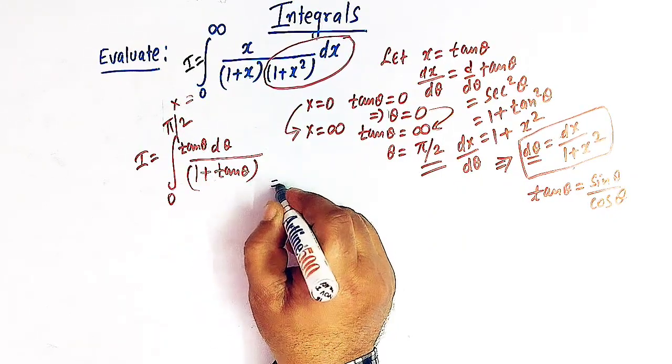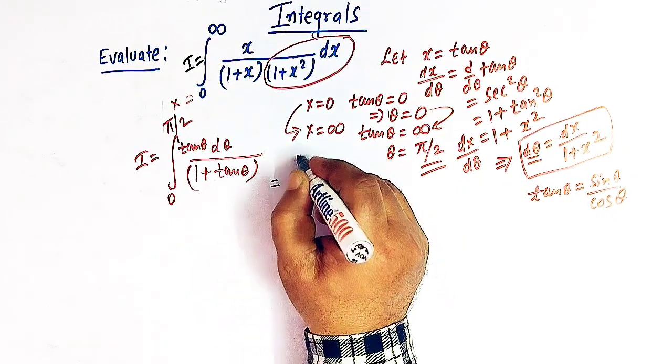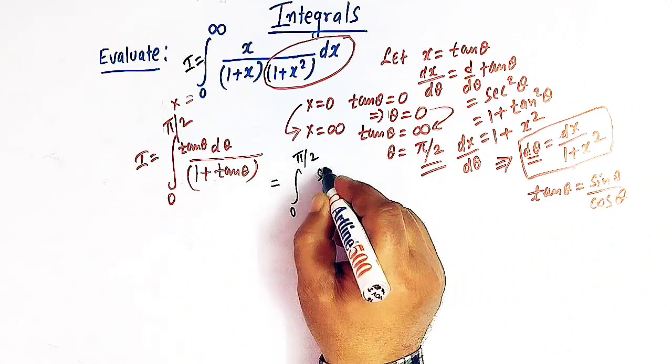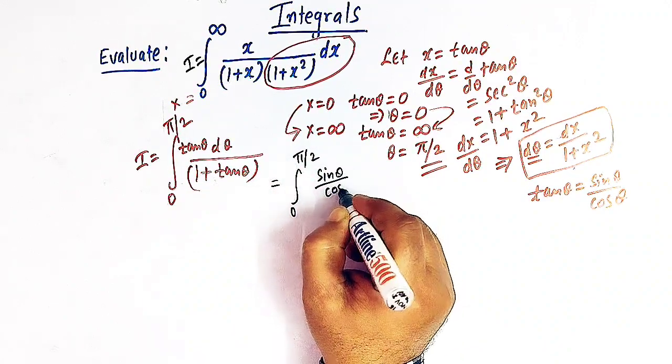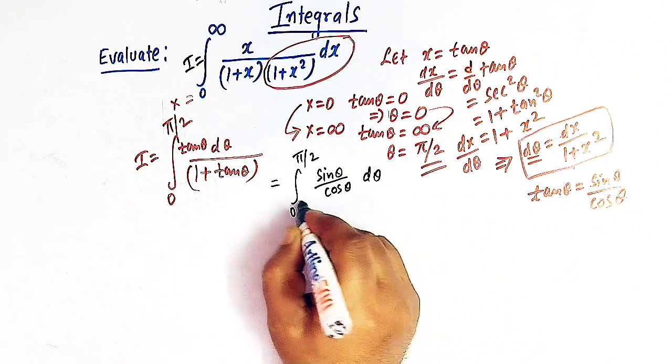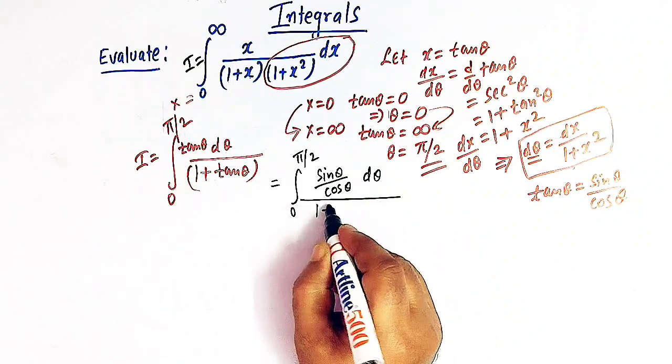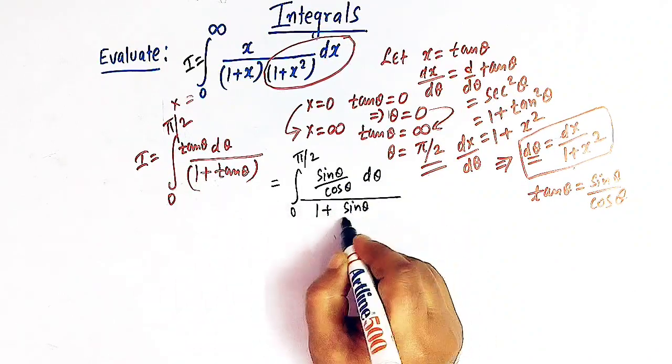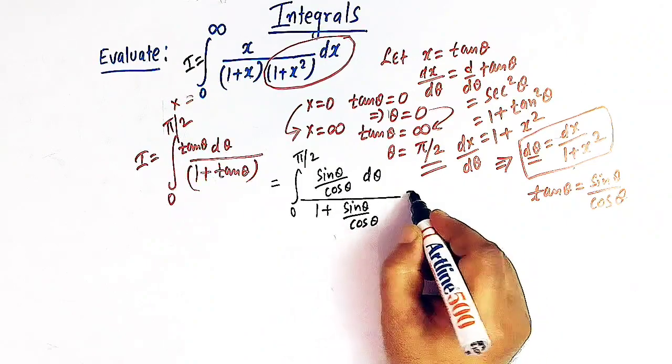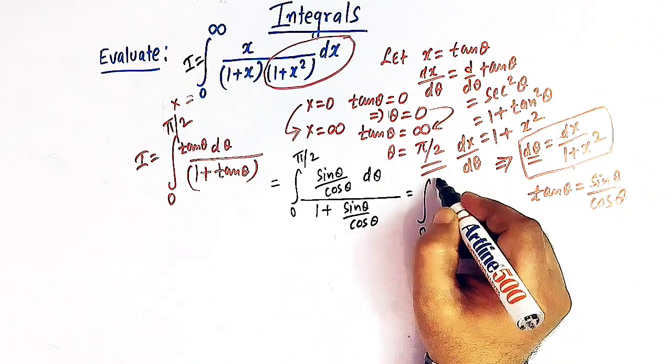Now we have 0 to pi by 2, then sine theta over cos theta, here we have d theta, and here we have 1 plus sine theta over cos theta. Let us simplify it further.